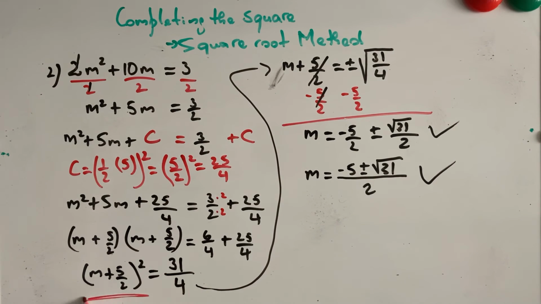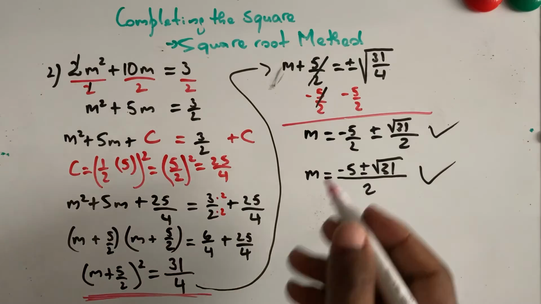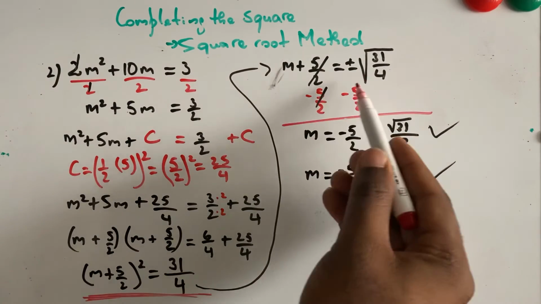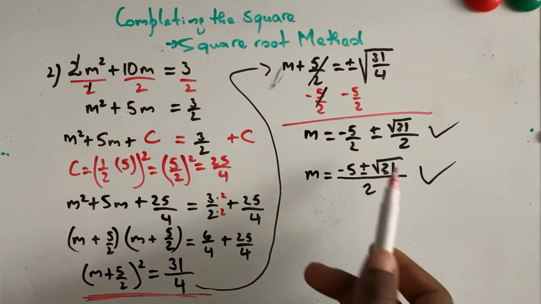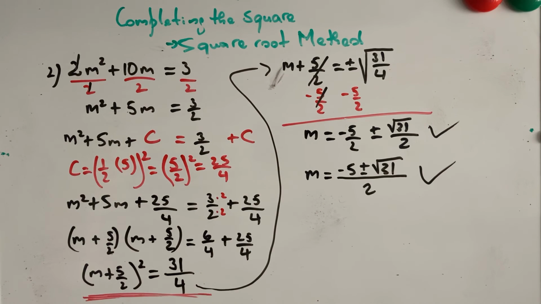And after you factor, if it's written like this, something squared equals another number on the other side, then you can actually use the square root method to solve. So that's what I did here. Using the square root method, I have negative 5 over 2 plus or minus square root of 31 over 2. Okay, so this is it here. That's all I wanted to solve for you.